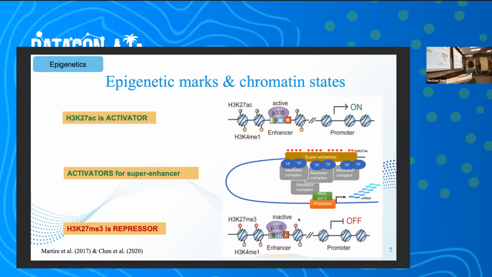The second type of histone marker I use in this project is trimethylation of histone 3 lysine 27, and this is the marker of the repressor. When this repressor is present, it turns off the gene expression.